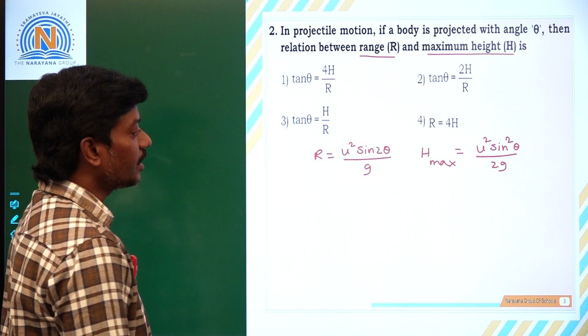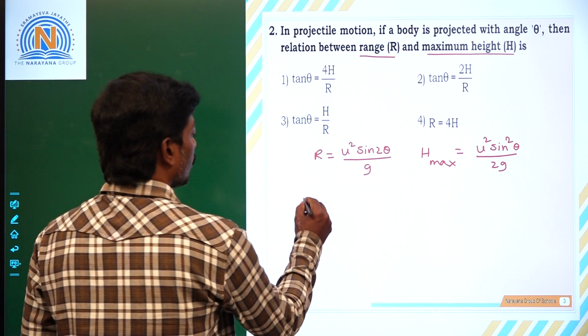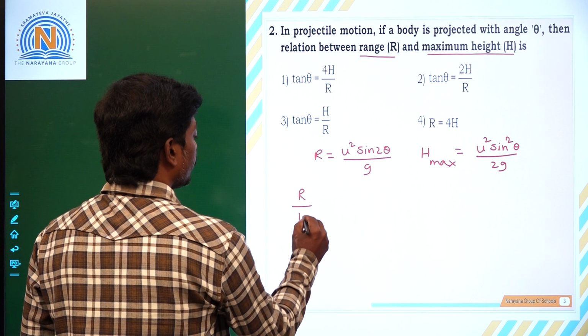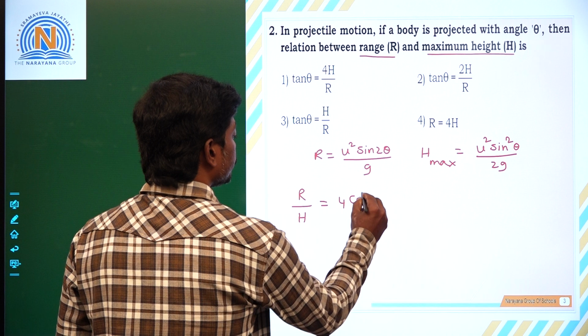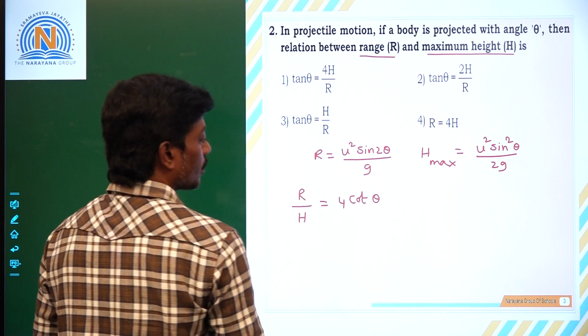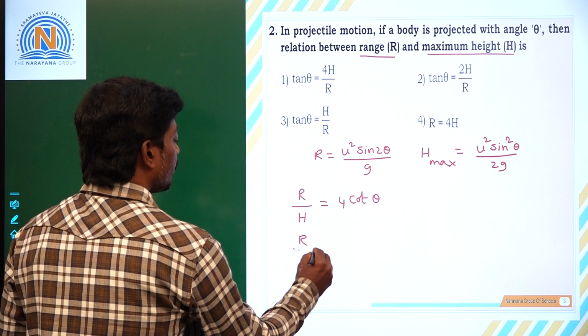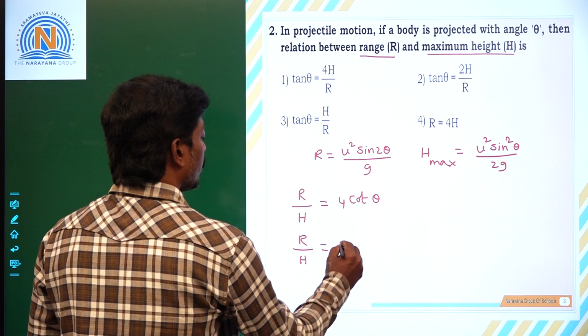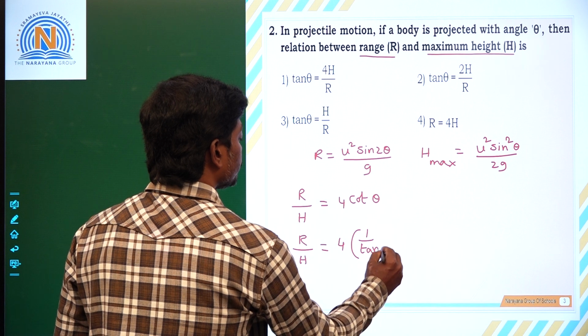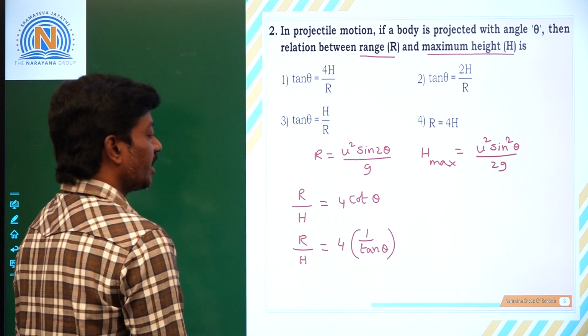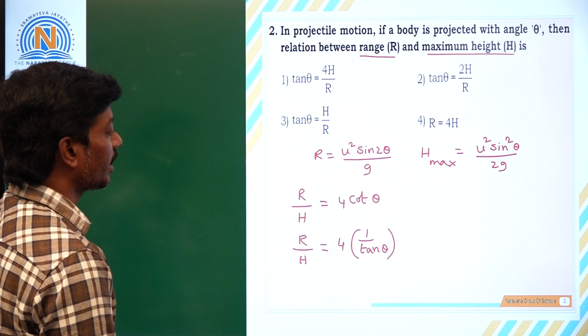Now if you divide R and H, we get R/H = 4 cot θ. Now cot θ can be expressed as 1/tan θ. So R/H = 4 × 1/tan θ.